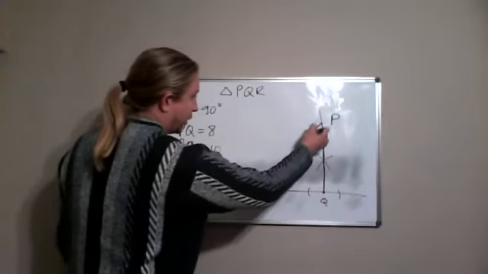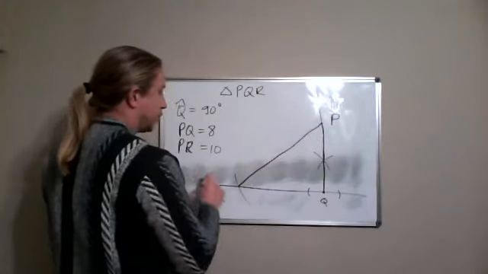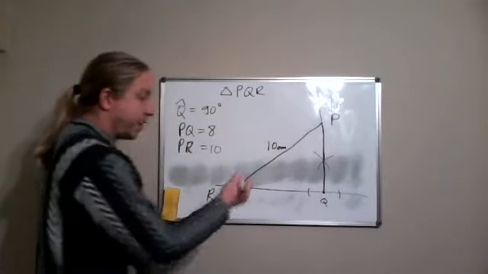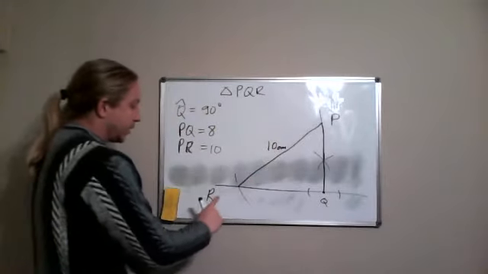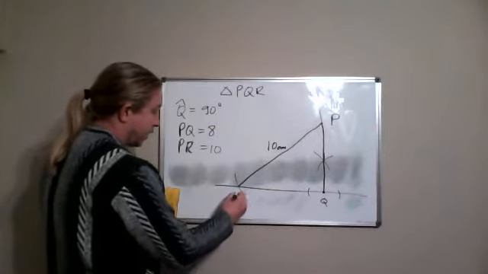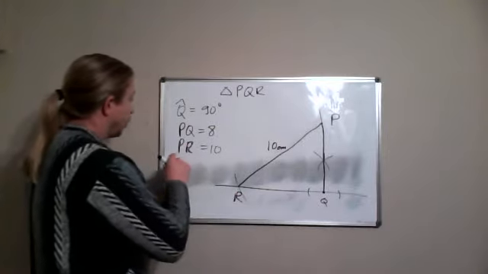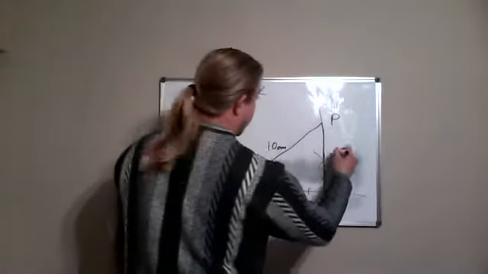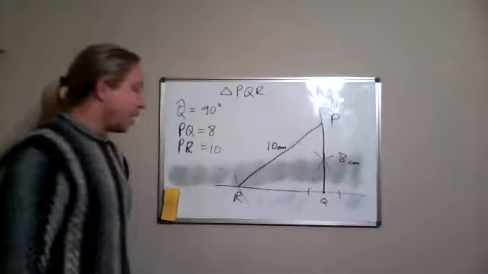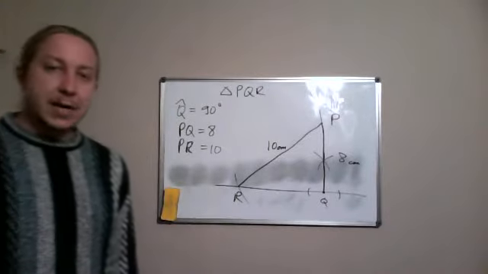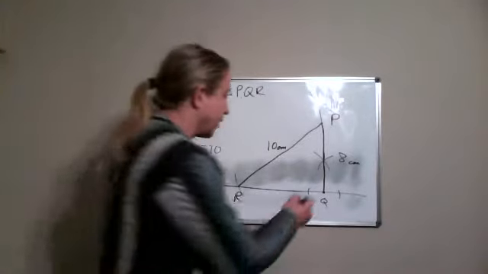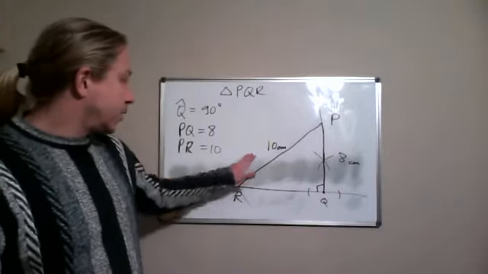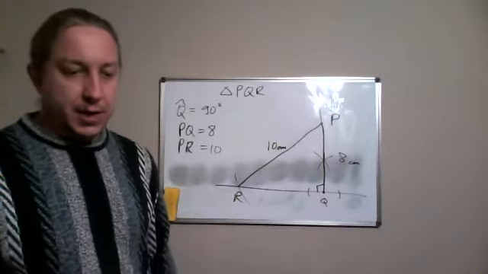So you join this line to that line to make it PR, which is 10 centimeters, and you can measure it and check. And that leaves us with RQ, which is, well, we can find out what it is. So PQ is 8 centimeters. Right, and that's how we construct our right angle triangle. So we have this angle here, we can put a 90 there because it is, and two sides that were given, any two sides. Okay.